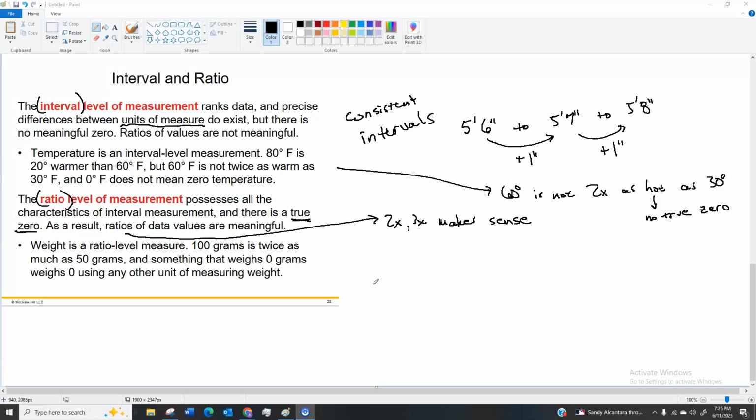It would, measurement-wise, bounce potentially 0 inches high. And so height can be 0, but again, not temperature.